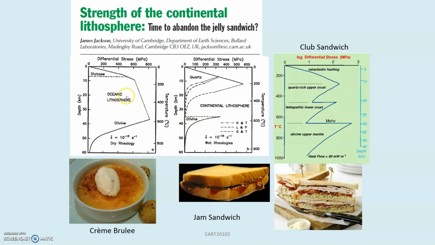For oceanic lithosphere, we basically have a hard, rigid, strong plate on top of something that's quite weak. This is often compared to creme brulee, a hard crust on top of the weak custard. And this kind of strength profile, where we have a weak lower and middle crust with a strong upper crust and a strong lithospheric mantle, is often compared to a jam sandwich.